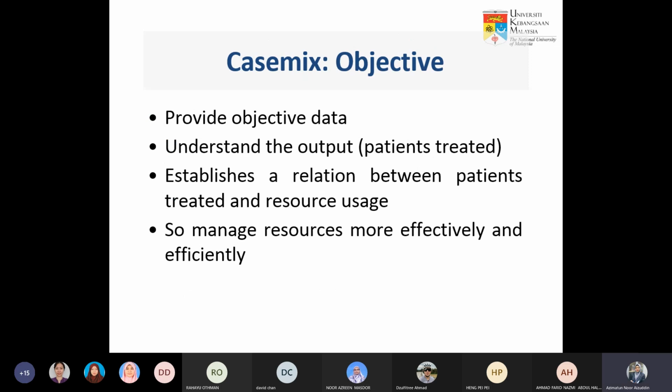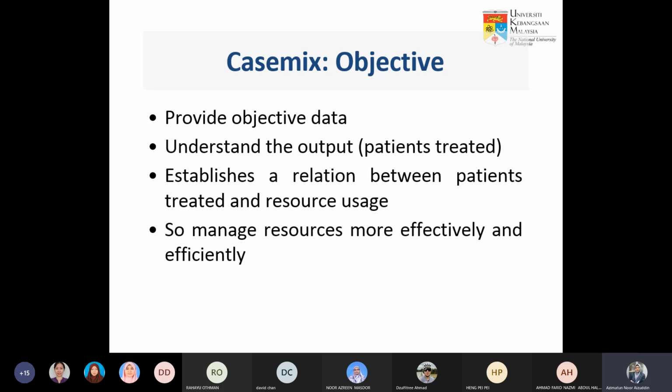So Casemix, the objective of Casemix adalah provide objective data. So macam saya kata tadi, selalu kita present patient performance hospital, berapa ramai patient outpatient, berapa ramai patient inpatient. Tetapi dalam Casemix kita really provide objective data, what sorts of disease, what sorts of group of disease dan sebagainya.